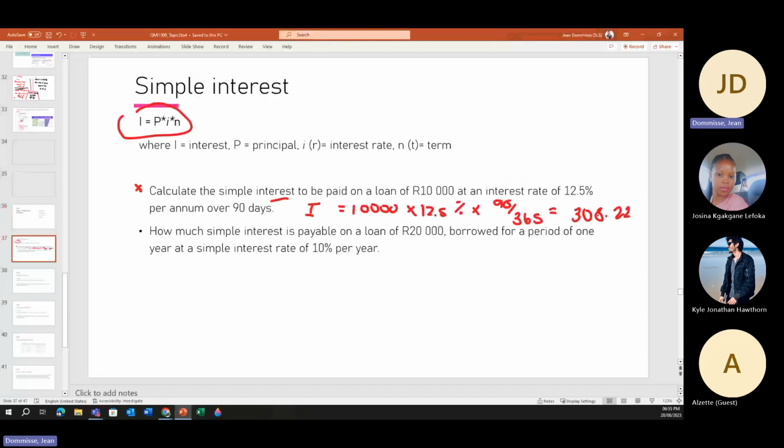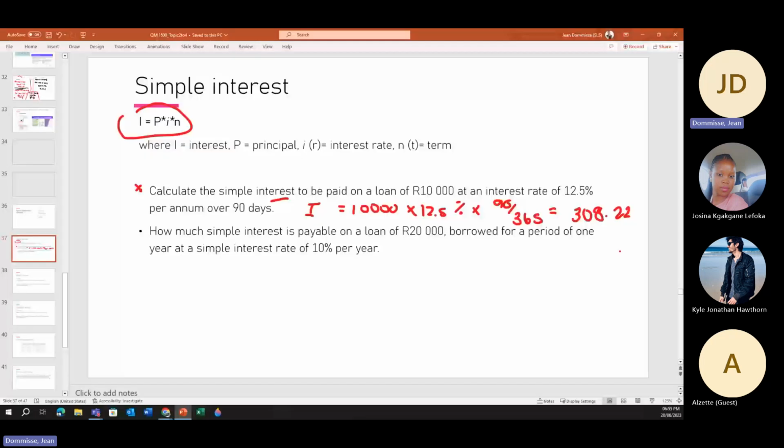If you needed to work out the interest, they could then ask what your total amount is that you now have or need to pay back. Then it's just the original amount plus the interest. That will be what we call your future value or your total amount of repayment.